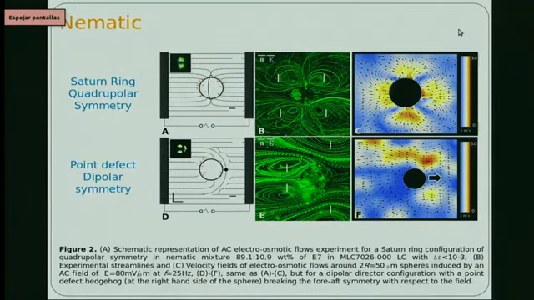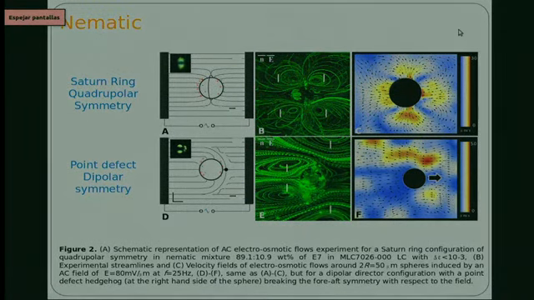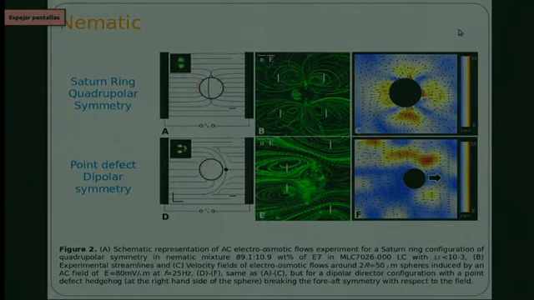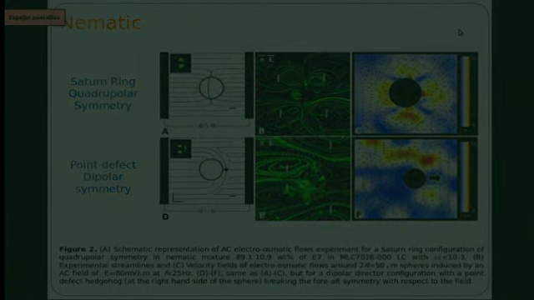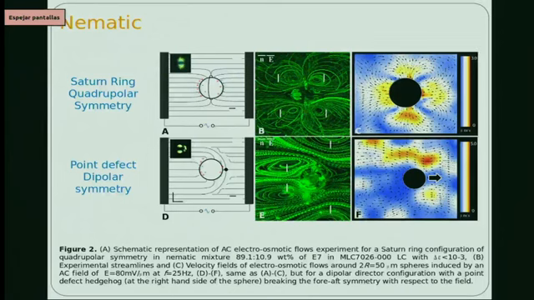You can see that the right and left flows cancel each other, so this particle does not move at all with the electric field. But in the case of the hyperbolic hedgehog, you can see that the symmetry of the flows is completely broken. So this particle starts moving in the direction of the hedgehog.